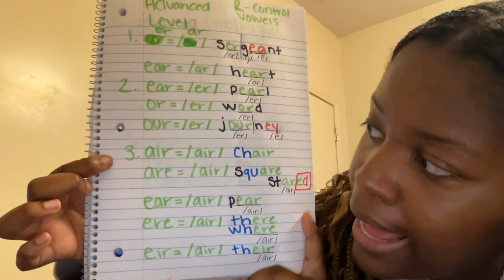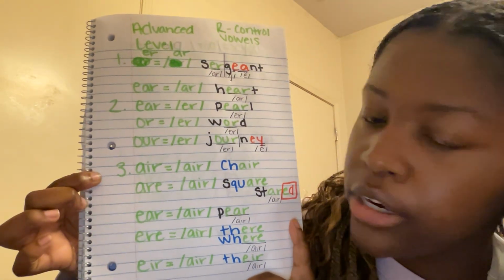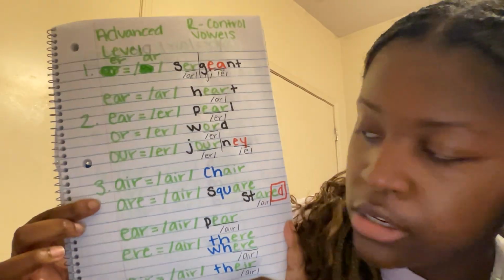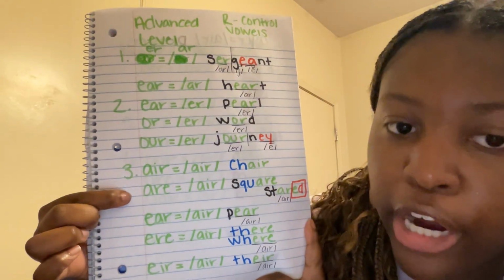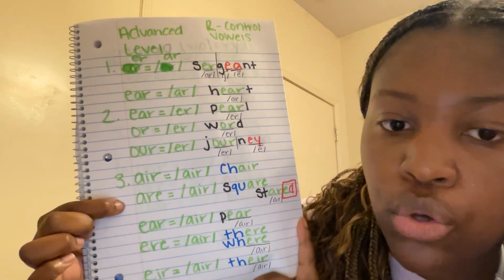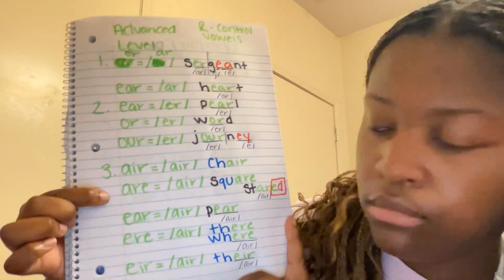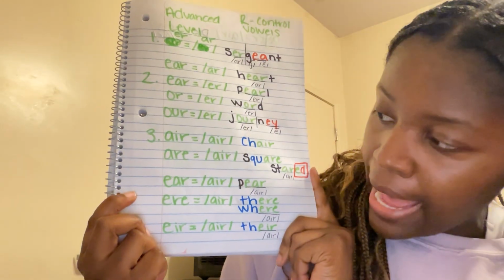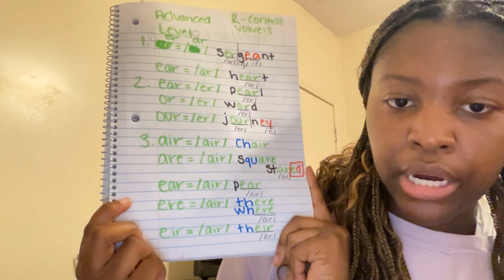Next, I messed up. Next, I have AIR like in air, and I wrote chair. Next, I have ARE that makes air, like in square or stared. Next, I have EIR that makes air, like in their.